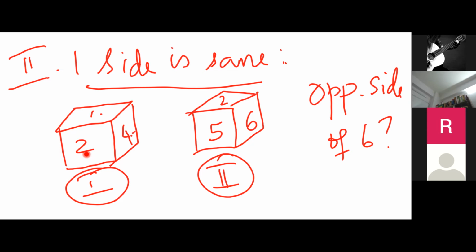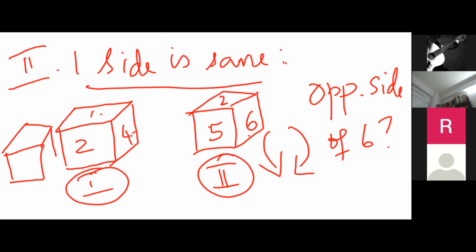How I can compare is, if I move these values either clockwise or anti-clockwise, I can come to the previous format, with 2 over here and 5 and 6 over here. In the same way, if I move this 2 here, it will come to the front portion.